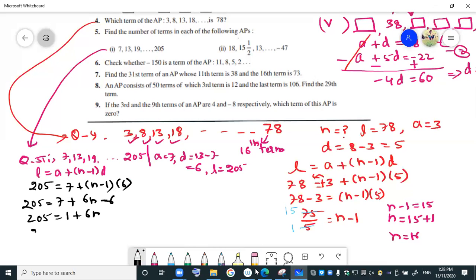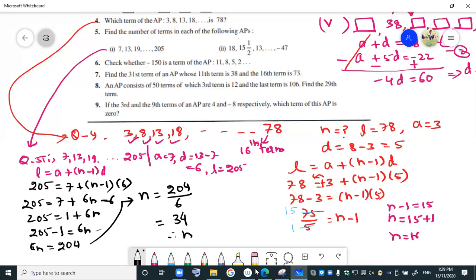Then bring 1 to the left side, so 205 minus 1 is equal to 6n, or 6n is equal to 204. Therefore n is equal to 204 divided by 6. 6 threes are 18, carry to 24, 6 fours are 24. So the number of terms is 34. Same question is this one, so you can do this as homework.